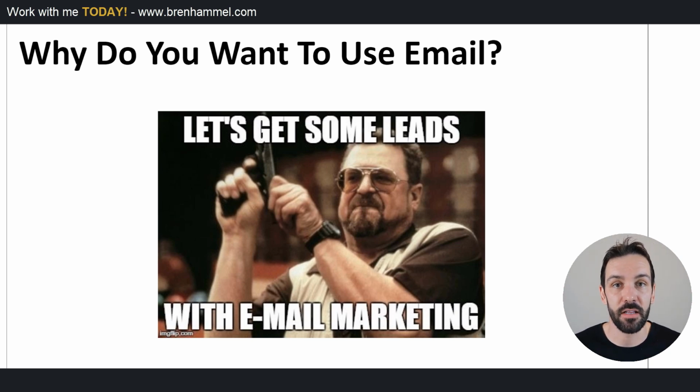So here's a quick tip. You can have the same email with a different subject line, and let's say that only 50% of people open it. You've got a list of 100, you send out an email, and only 50% open it.